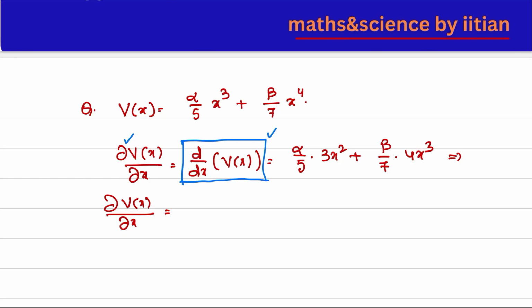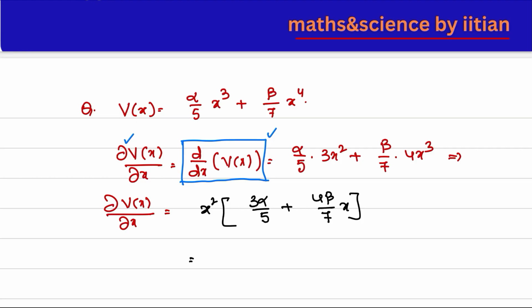Now, how can we write it? We can take x square as common. x square into (3 alpha by 5 plus 4 beta by 7 into x).